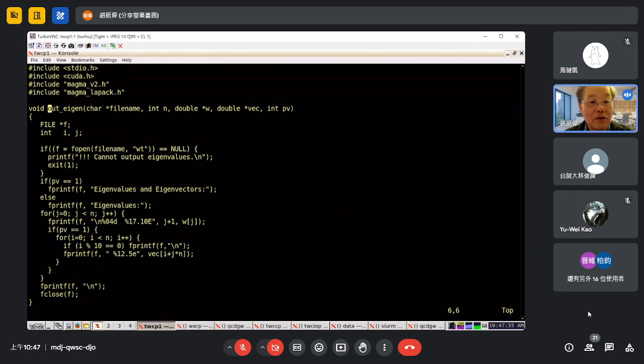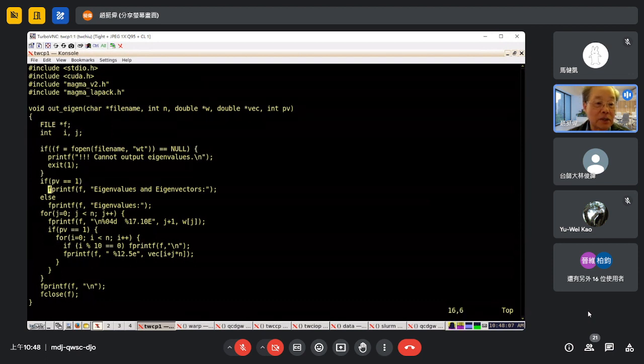Now, this is the first routine, to output the eigenvalues or eigenvectors or both. This option, PV equal to 1, is for eigenvalues and eigenvectors.